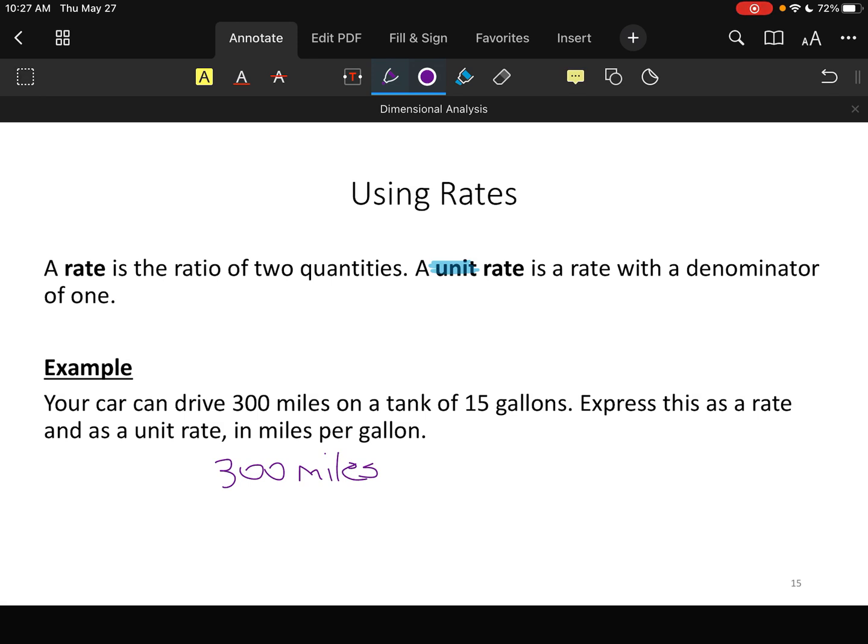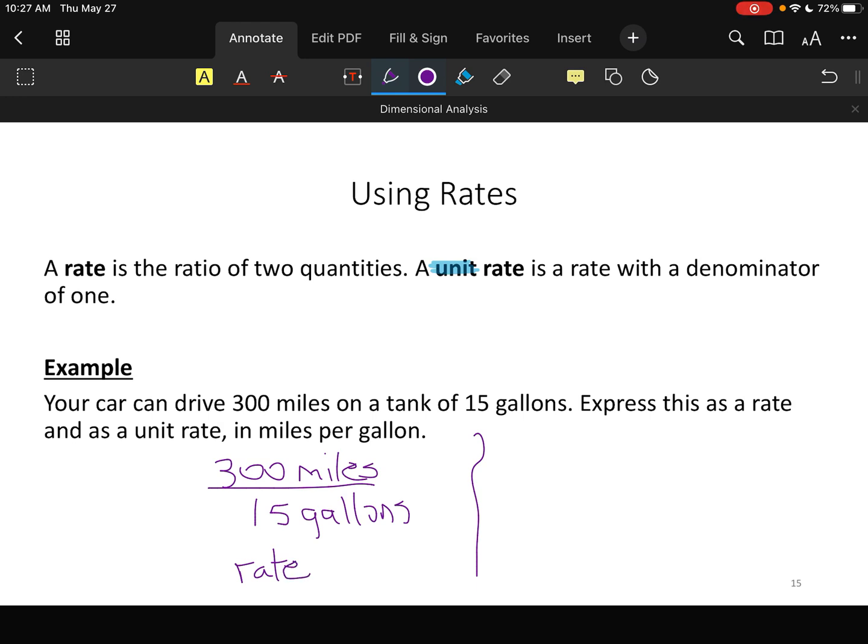It says express this as a rate and as a unit rate, so 2 answers. The rate is 300 miles over 15 gallons.